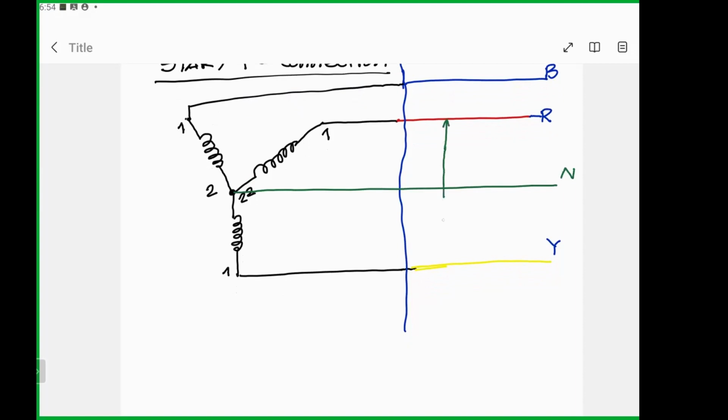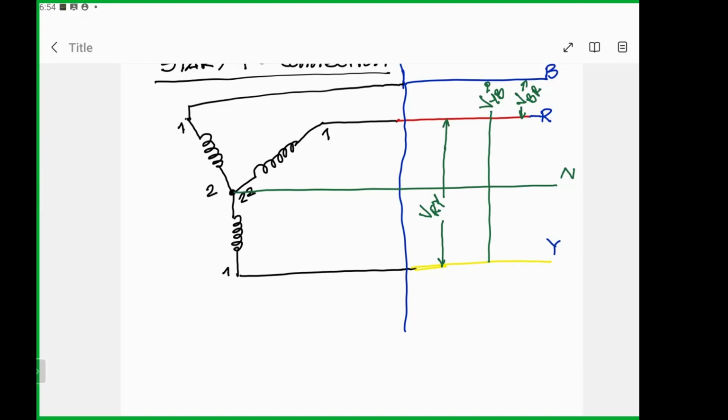So in between these three phases, we can term this one as VRY, or VYB, and VBR. Okay, so these are the line voltages we have. So in between two different lines, what is the voltage?